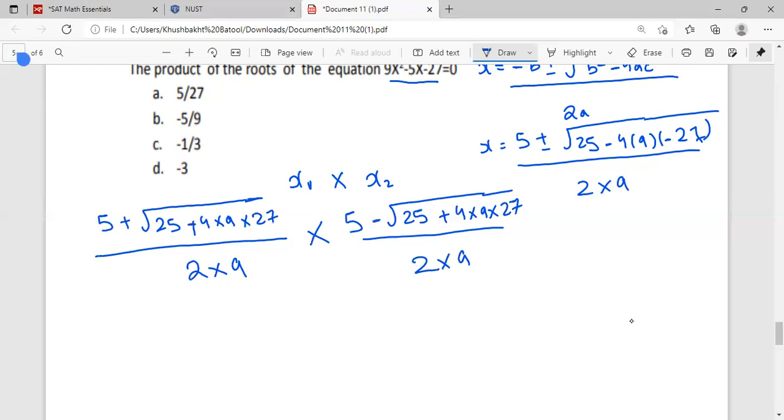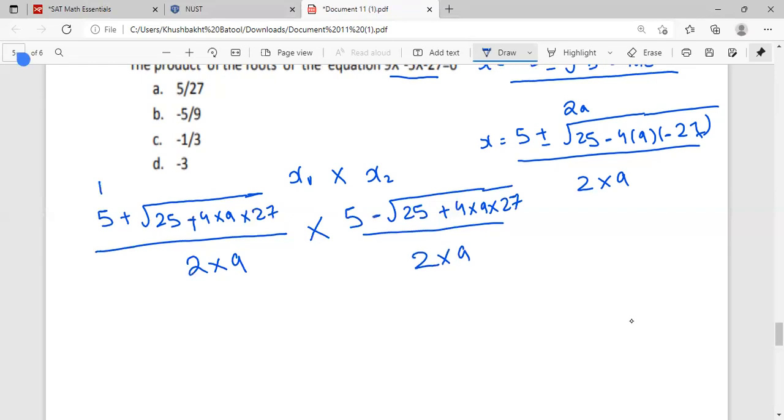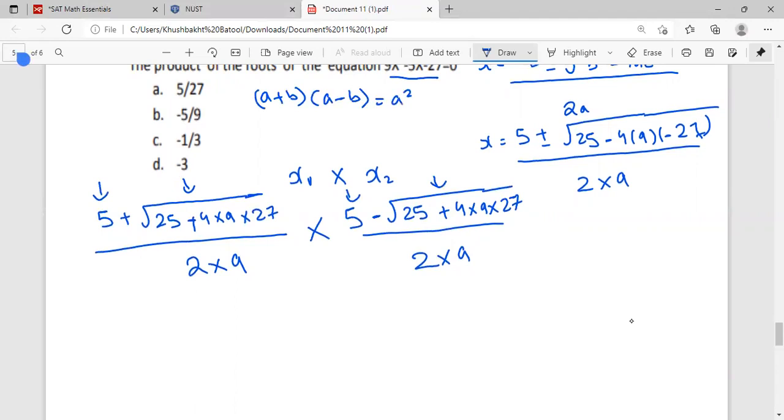Now, this is A, this is B, this is A, this is B. If we have A plus B and A minus B, this is going to be A square minus B square.